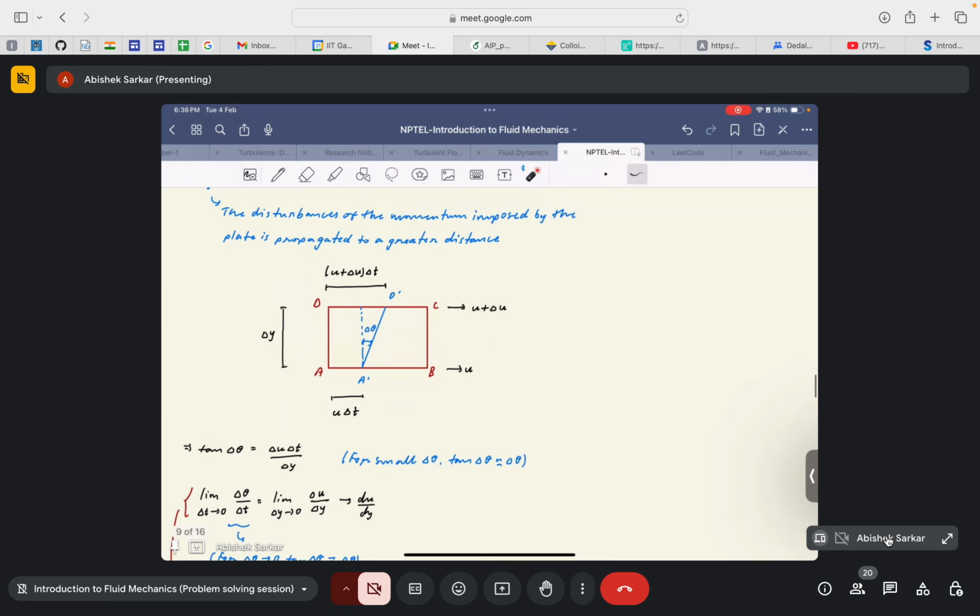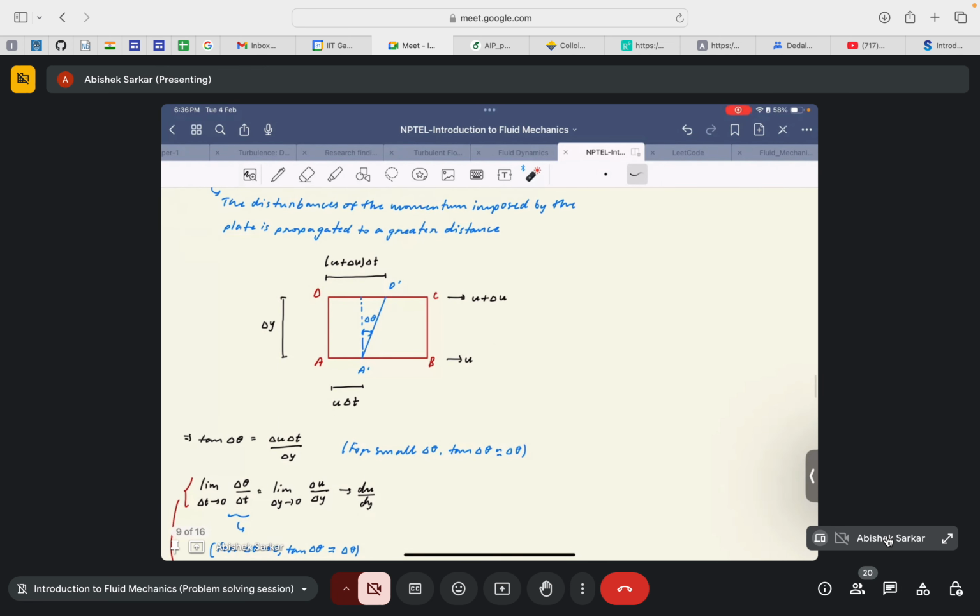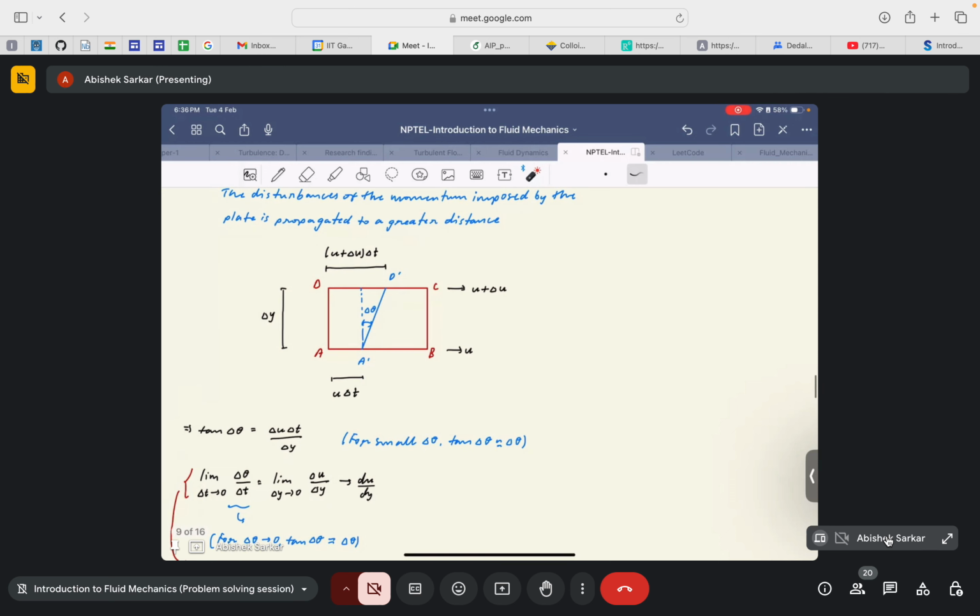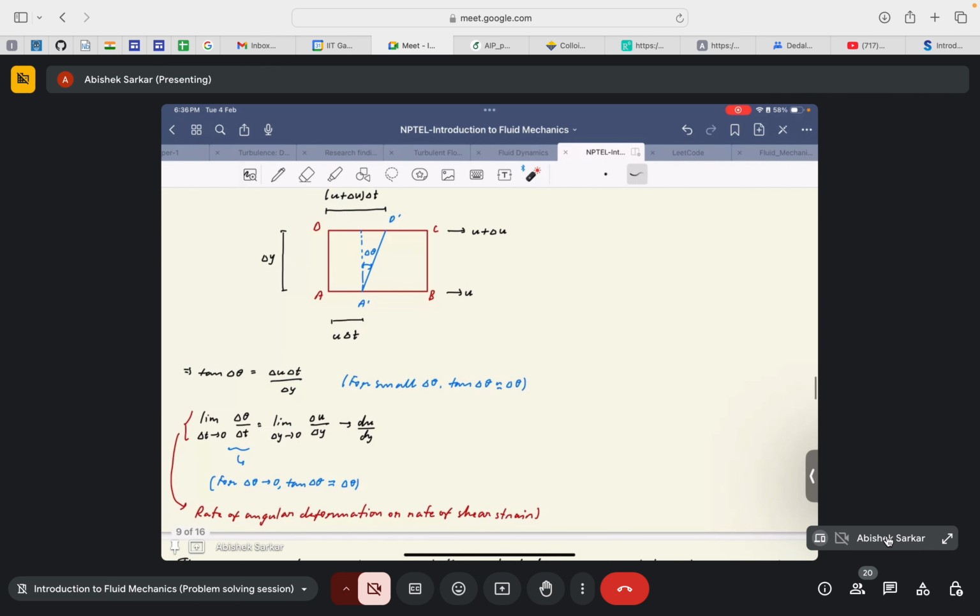Let us name these points A dash and D dash, and let us say the angle that this line makes with the straight line AD is delta theta.